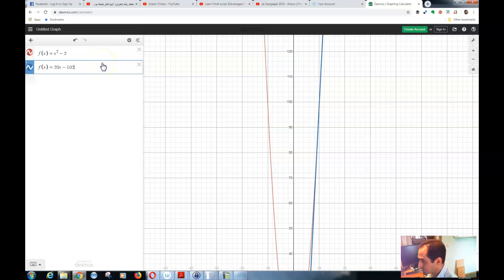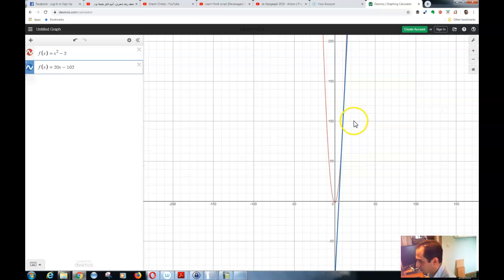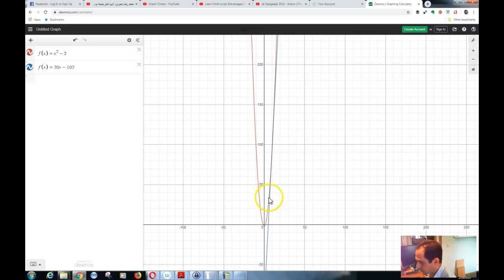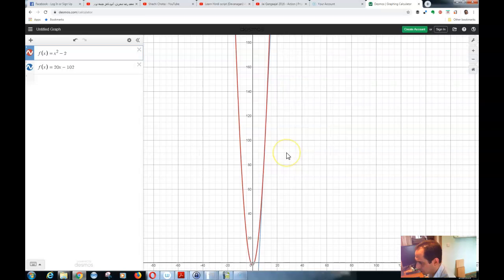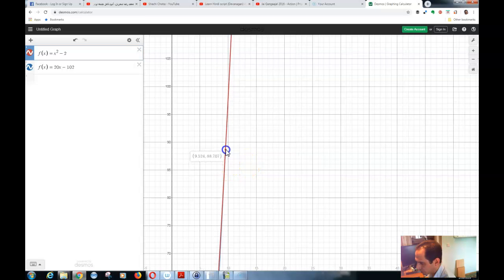20x minus 102. And as you can see, basically the blue line represents somewhere over here. You have 9 and 10 over here. That is the point.